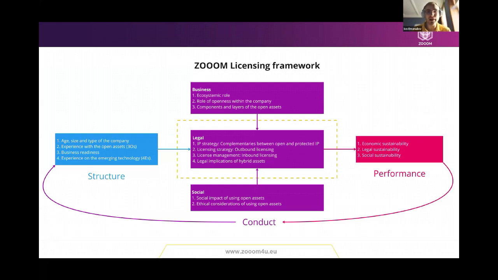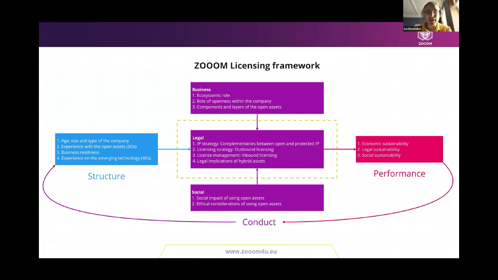This is the strategic approach that we take here, and also the legal implications of hybrid assets. By hybrid assets, we mean mainly in this case artificial intelligence, because we have conceptualized artificial intelligence in this project as a hybrid asset which combines software, data, and other assets that may not necessarily be protected by intellectual property.